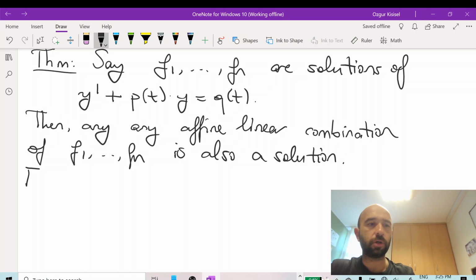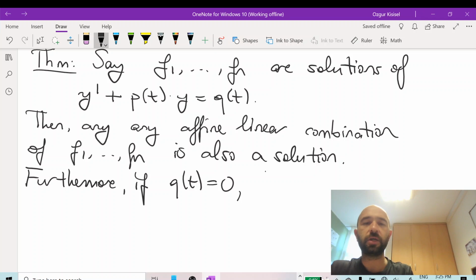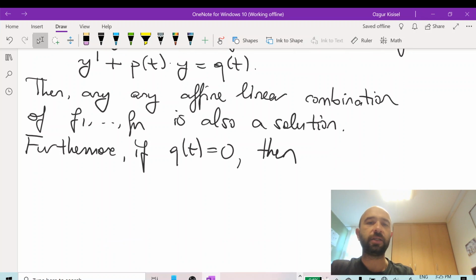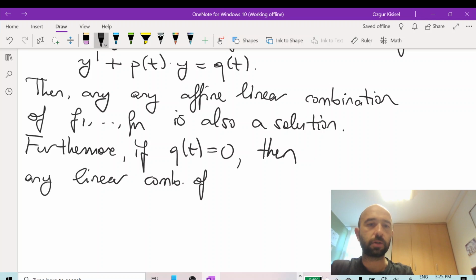Furthermore, if the right-hand side of the equation is 0, q(t) is 0, that's a special case, then you can drop the word affine. Then any linear combination of f1 up to fn is a solution.